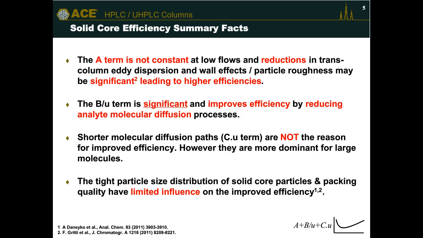In addition, there's a lot of discussion about the roughness of the particles compared to a fully porous particle. If you look at the SEM images, you can see the shape is slightly different. Maybe the surface is rougher for this type of technology, and that could contribute to a different packing.